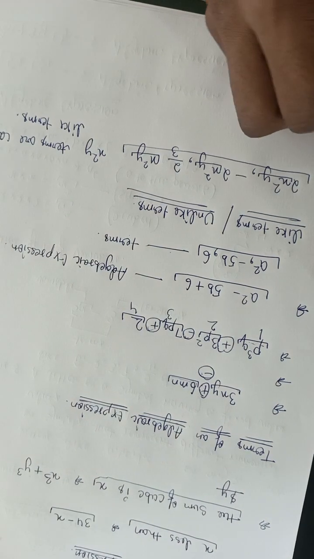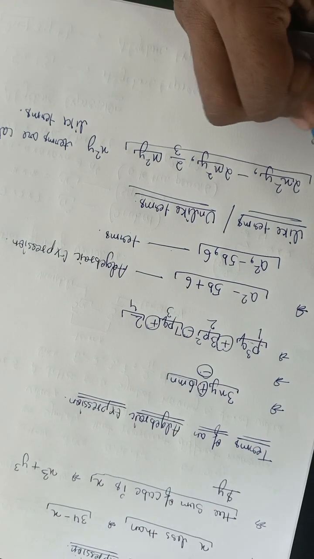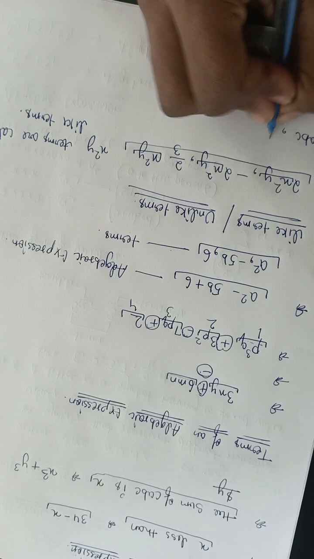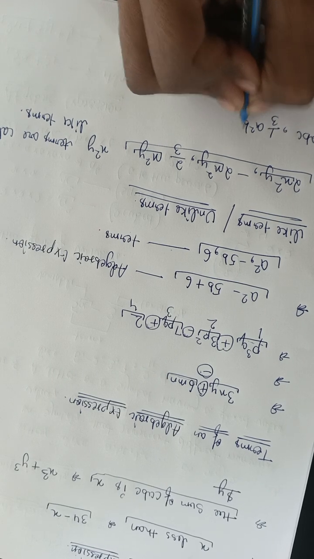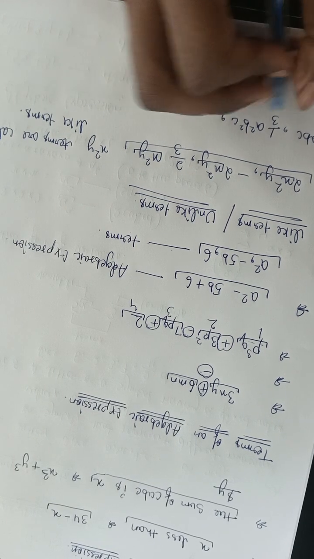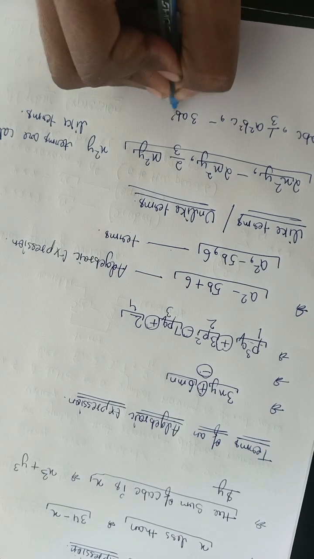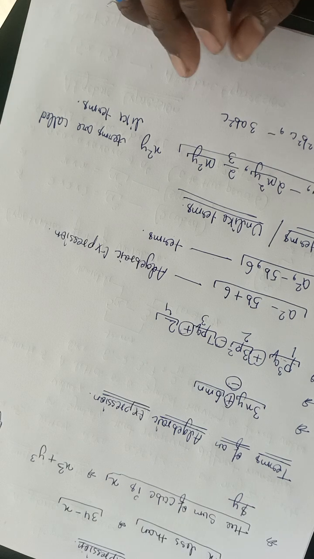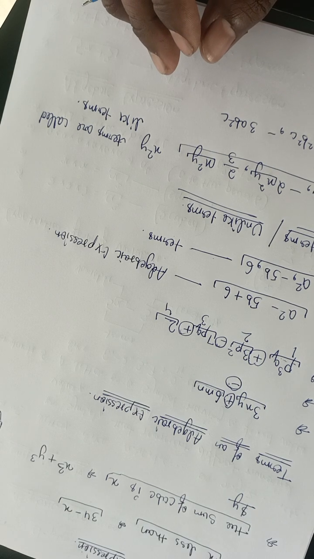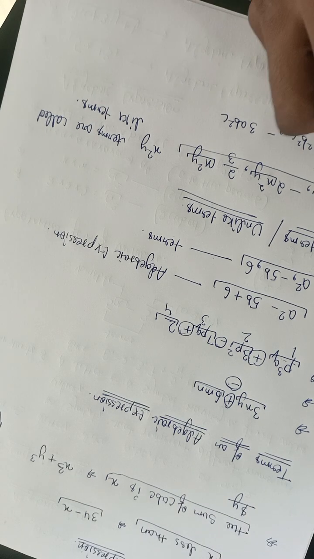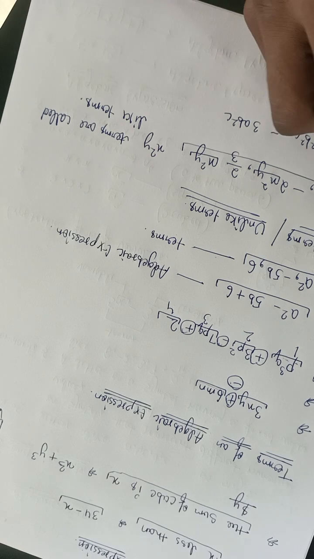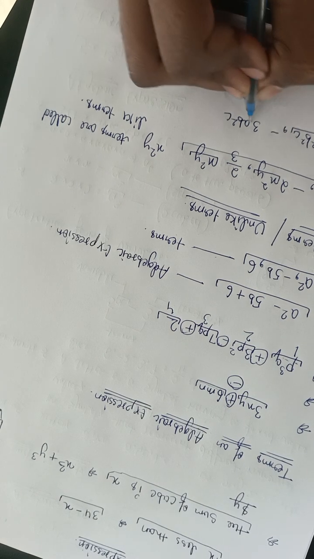And now if we see another example, that is 7abc, comma, 1 upon 3 a square b square c, comma, minus 3 ab square c. In these, we can see the terms are not equal.